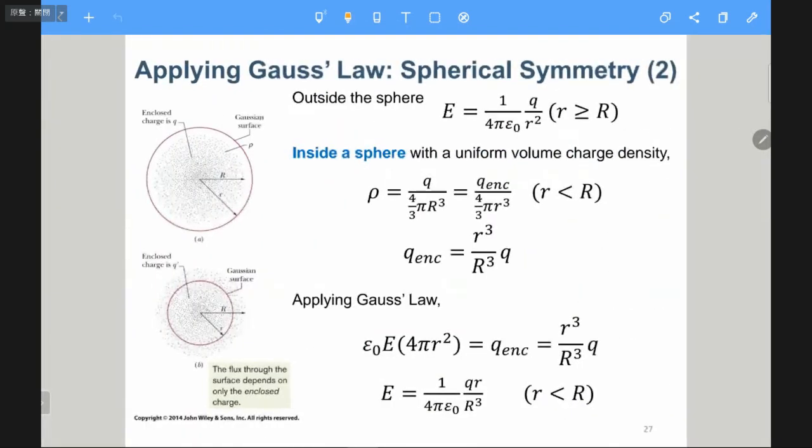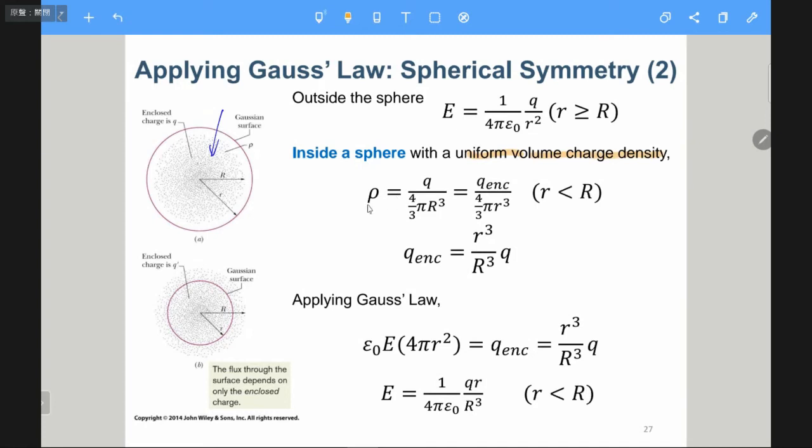Okay, so next, it talks about other cases. It is not a conducting sphere anymore. It is a non-conducting sphere with uniform charge density. So here we assume this is the sphere with uniform charge density.